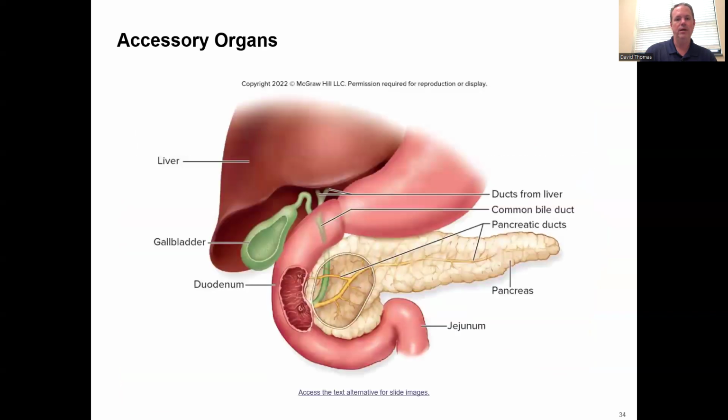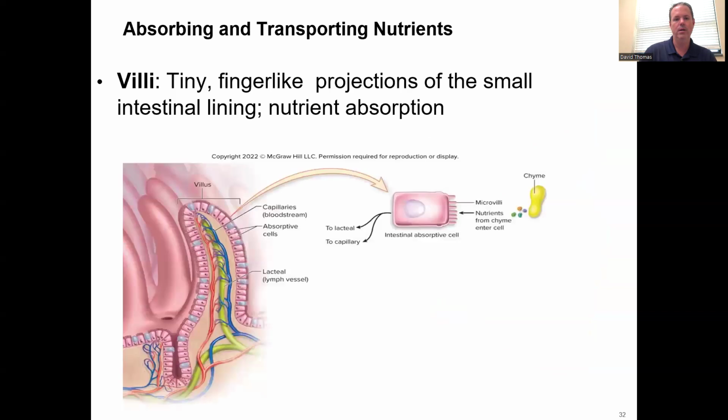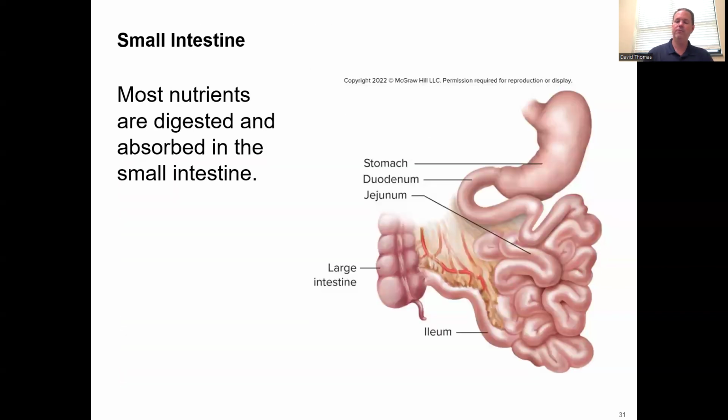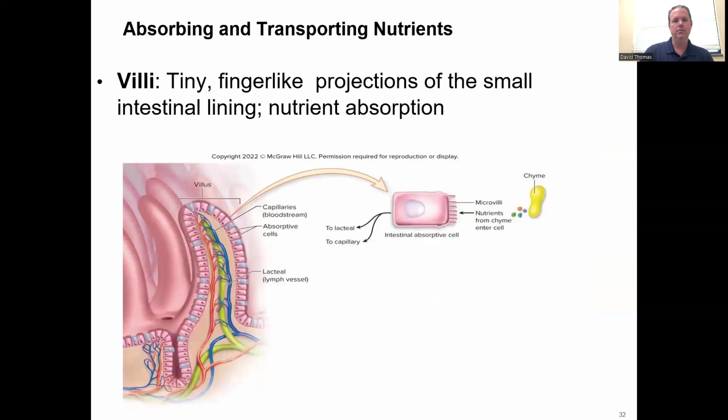We'll talk about the enzymes here in a minute, but you actually have enzymes coming from the pancreas going into the small intestines to help finish any kind of digestion that needs to take place. But you're also going to get absorption of those nutrients. Once digestion is completed, those nutrients get absorbed into the bloodstream via the small intestines.